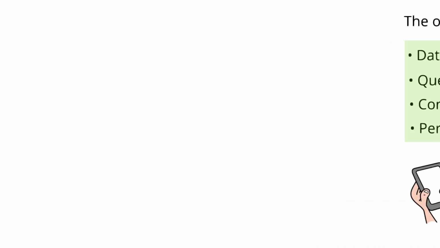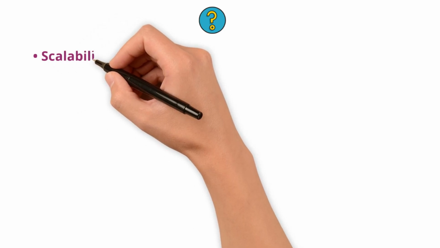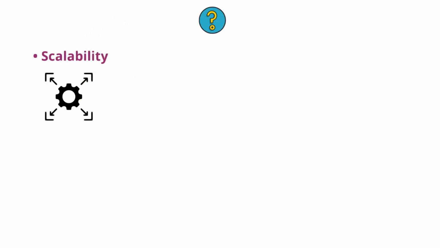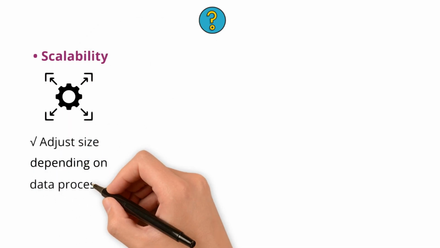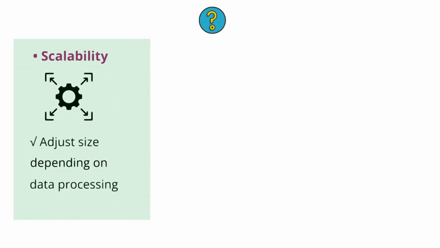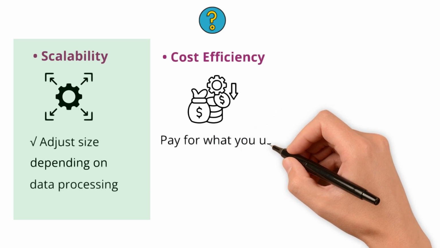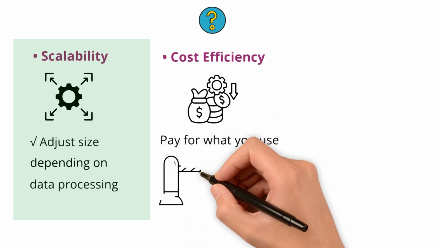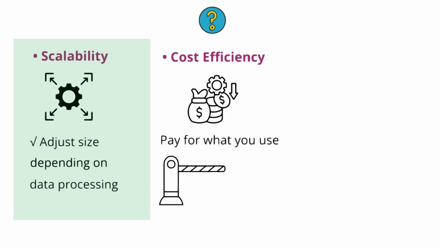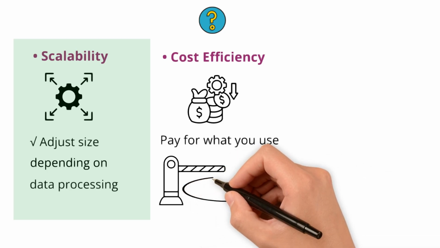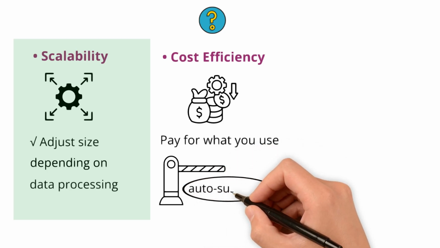So, what's special about the virtual warehouse? Scalability. You can adjust its size depending on how much data processing you need to do. Cost efficiency. You only pay when the virtual warehouse is in use, and it automatically stops when you're done to save costs. This automatic stop feature is called auto-suspend.